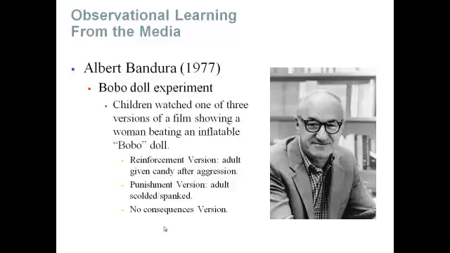The children did not beat up the Bobo doll, probably because they did not want to be punished. But realize this: the child still learned how to do it. They still paid attention and retained the information. They just didn't carry it out.